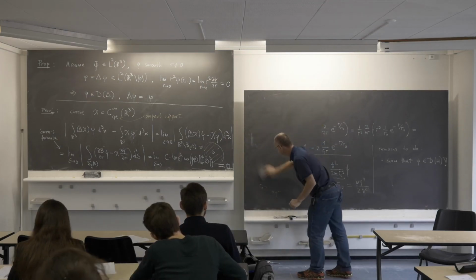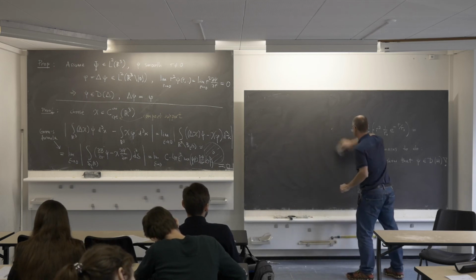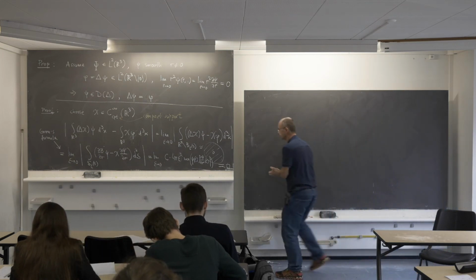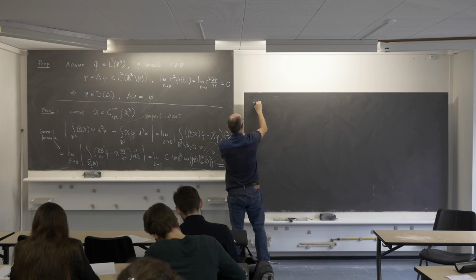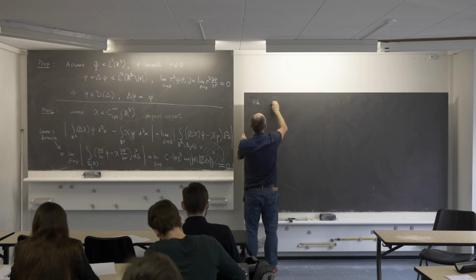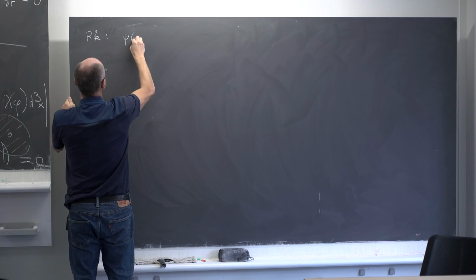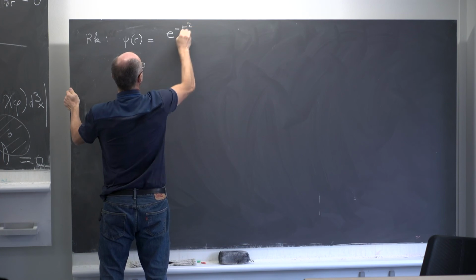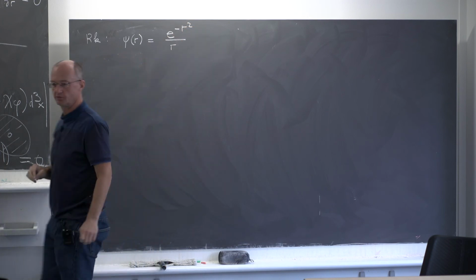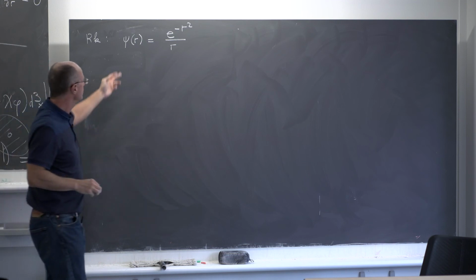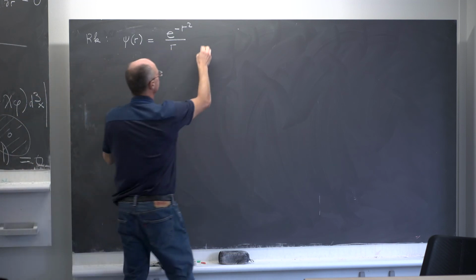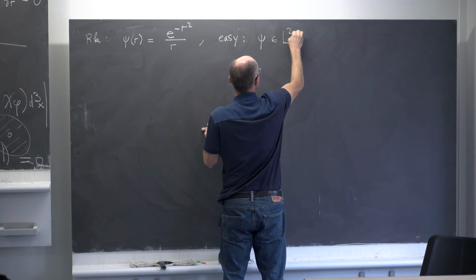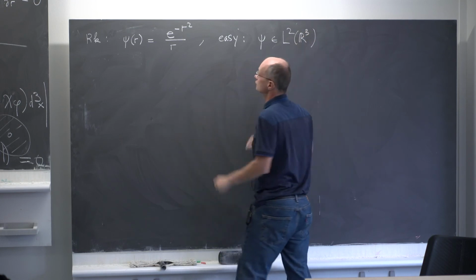Now maybe just a remark in the middle of the proof. Suppose you take a function of this form. Then it's easy to see that psi is in L2 of R3, right?